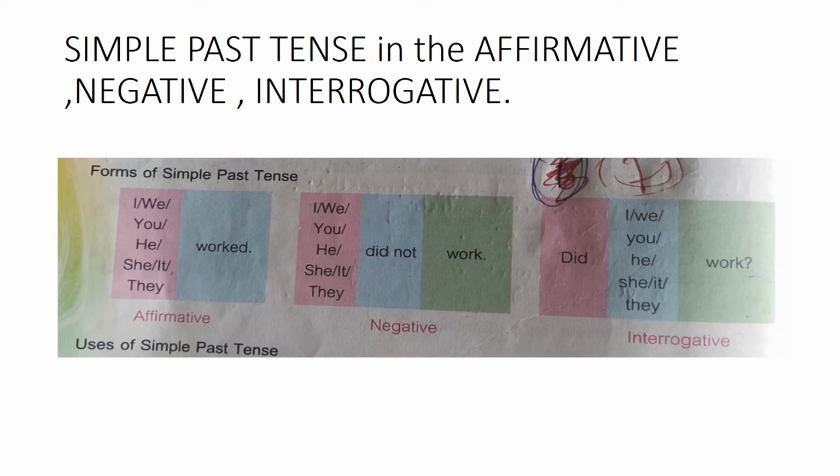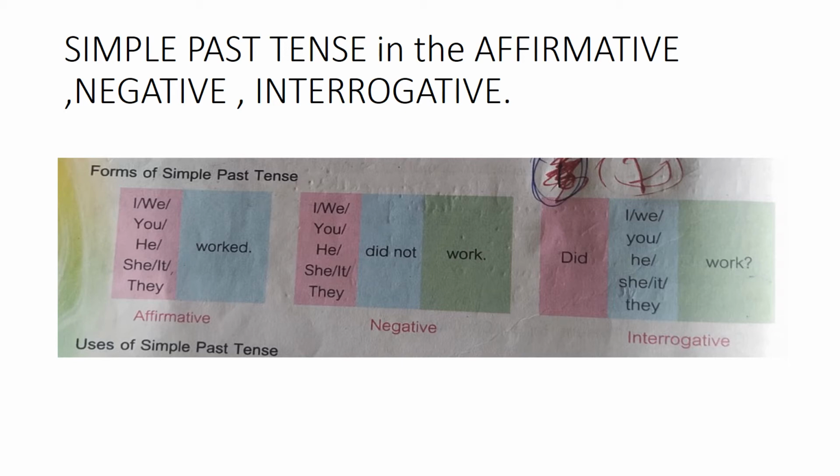Whatever may be the subject, I, we, you, he, she, it, they, we have to use the past tense of the verb. For example, played, ran, gave, spoke.